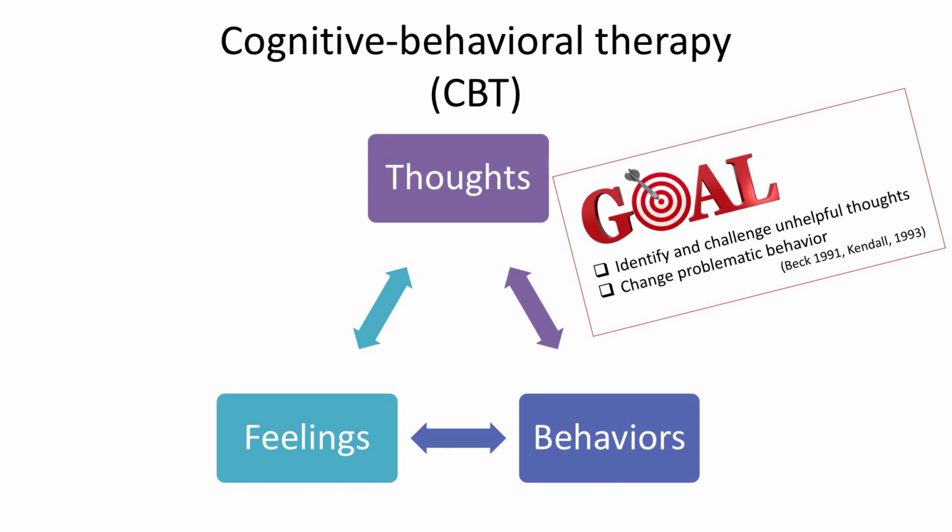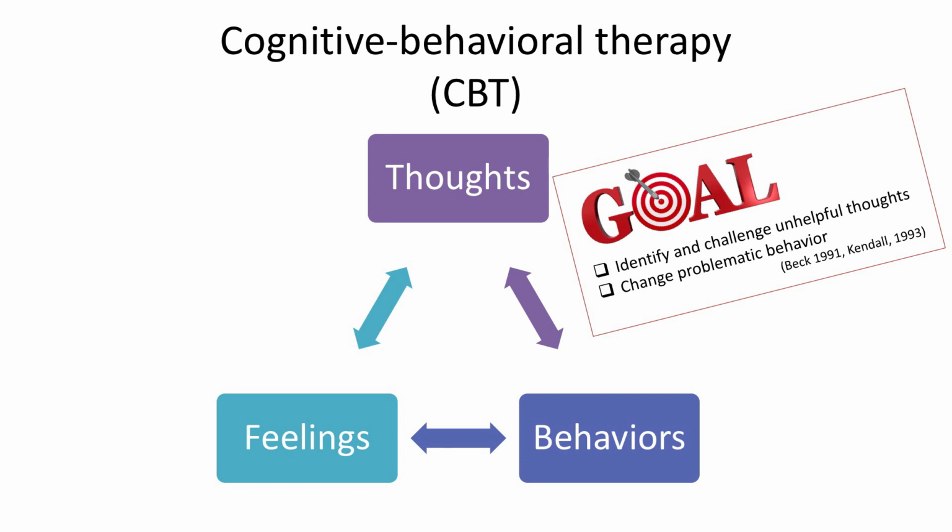And so cognitive behavioral therapy is a psychological treatment that's based on the premise that thoughts, feelings, and behaviors are all interconnected. So that thought of, I'm scared the car's gonna hit me, and that feeling of, I'm anxious and I'm nervous and my stomach hurts and my heart is racing, and that behavior, I'm gonna jump away because I'm scared that the car's gonna hit me, are all interconnected together. And with treatment, we can work on each of those pieces and together have an impact. So the goal of cognitive behavioral therapy is, on one hand, to identify and challenge any unhelpful thoughts.